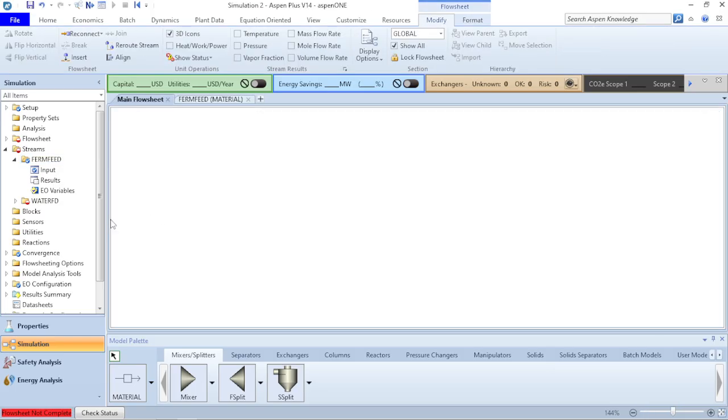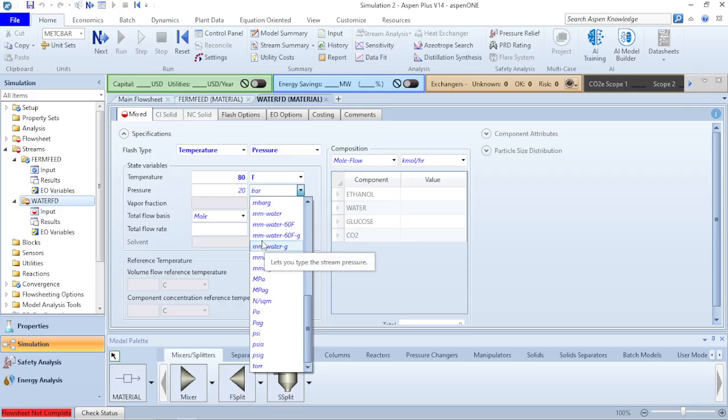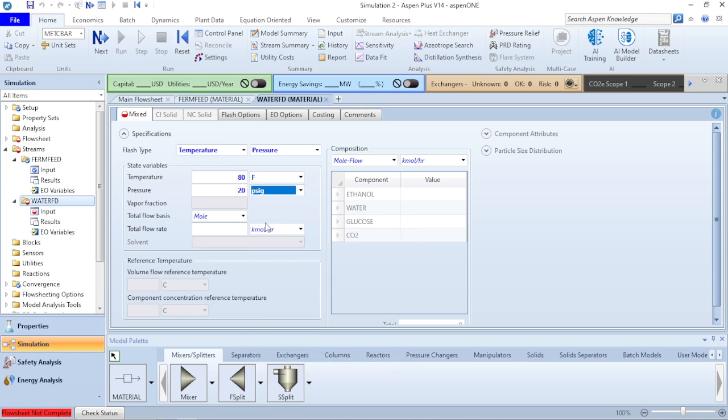Let's go to the water feed. So at this point, we have 80. Still making use of 80 Fahrenheit. Our bar is 20 psig. That's the pressure. Pressure is 20 psig.